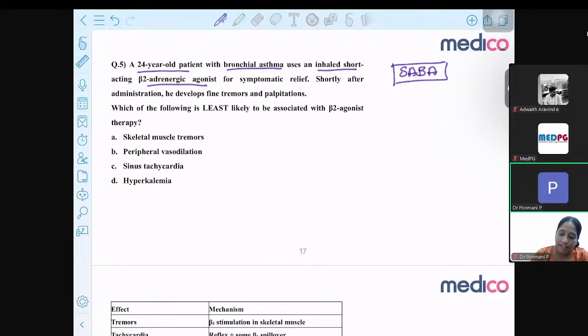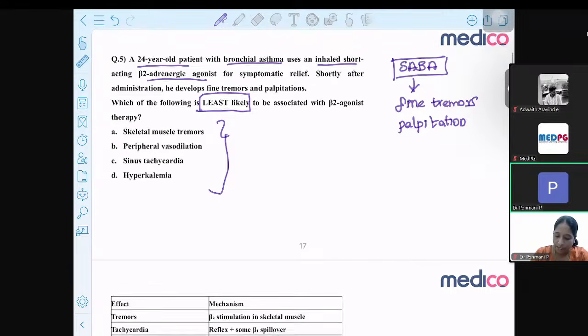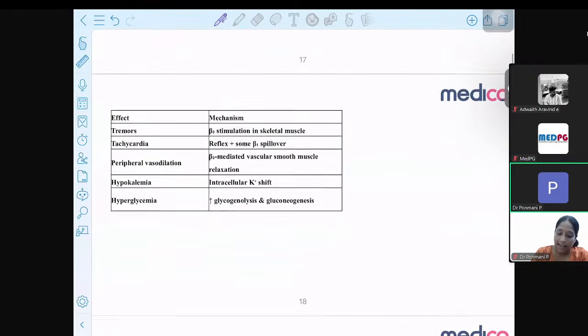Shortly after the administration, he is experiencing fine tremors and palpitations. So what is the least likely ADR to occur? That is the question. Now we must understand what a beta-2 agonist does.